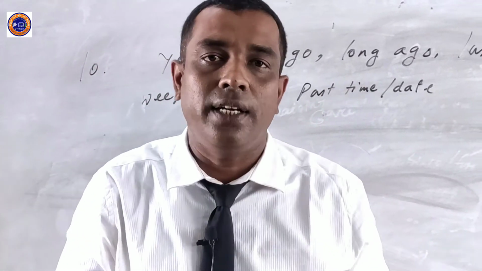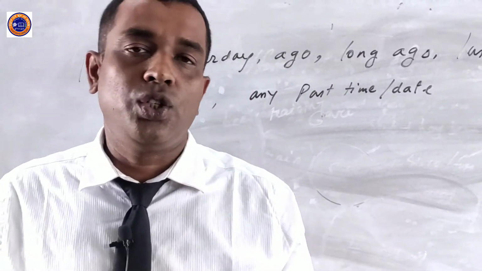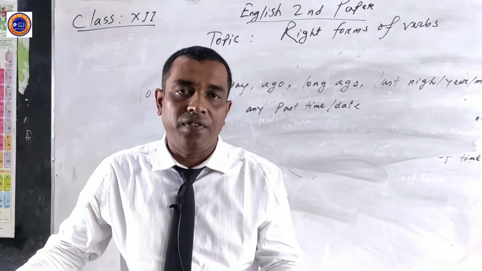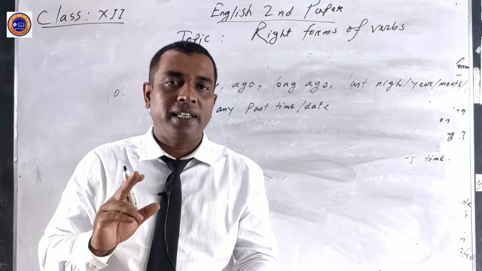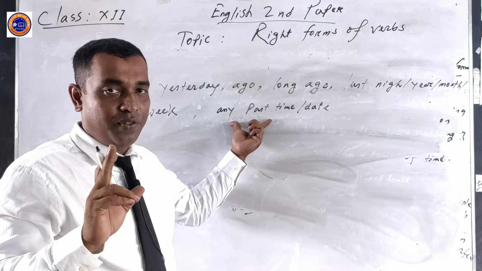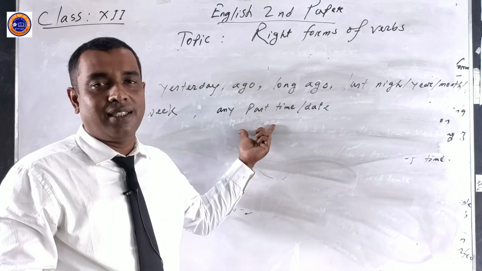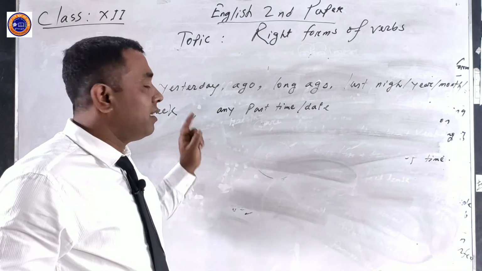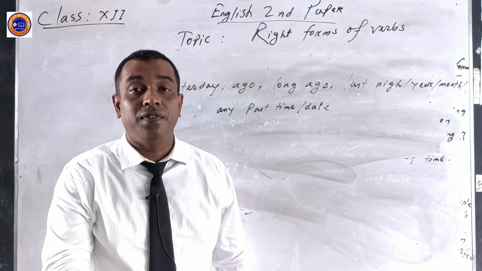Dear students, if any of these words is present in any kind of sentence, you must understand that this sentence will be past indefinite. That is, if you find any of these words in the sentence, you must understand that this sentence will be past indefinite.